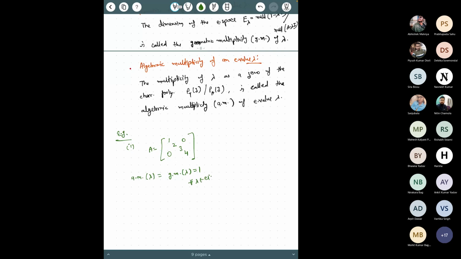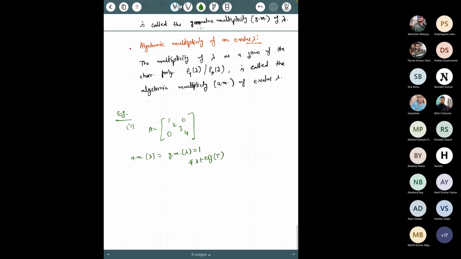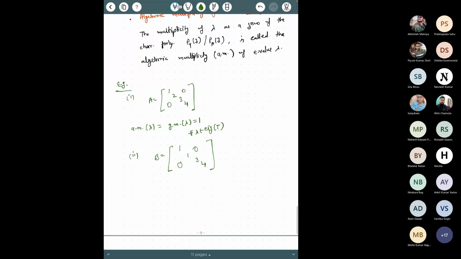Let us take this one. This is again a diagonal matrix. What can you say about the algebraic and geometric multiplicity of 1? AM of 1 is equal to 2, and GM of 1 is also 2. They are the same.